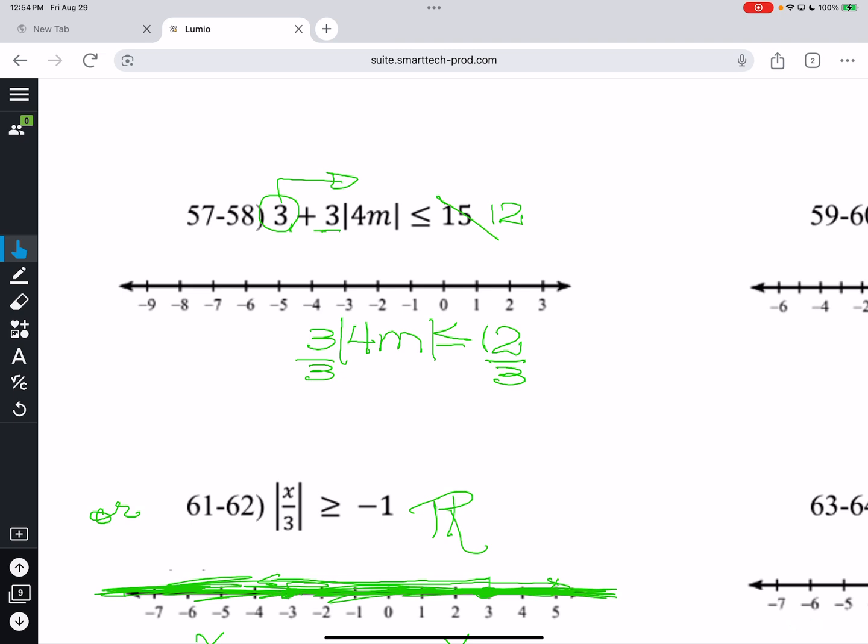Because if you're solving 4m equals 12, how do you separate the 4 and the m? You divide. But you don't change the sign. And that absolute value bar, you're treating it like a variable. It's multiplication. The only time you're going to change the sign is when it's adding or subtracting.